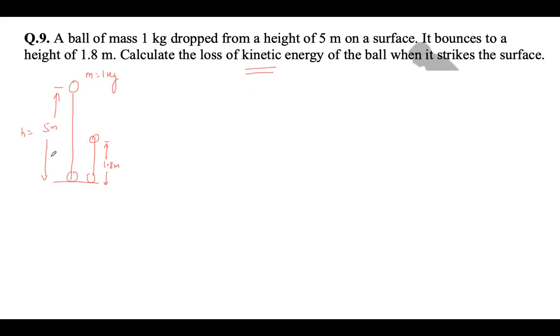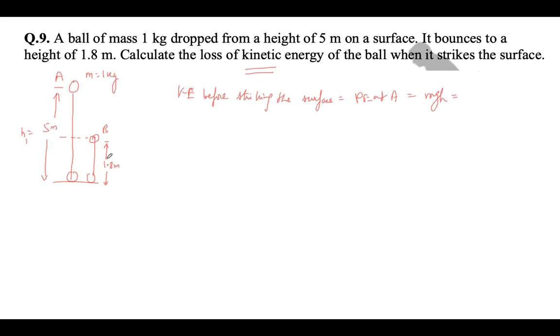So see, this is point A and this is point B. Let's see, kinetic energy before striking the surface is equal to potential energy at A. Potential energy at A कितना है? mgh.